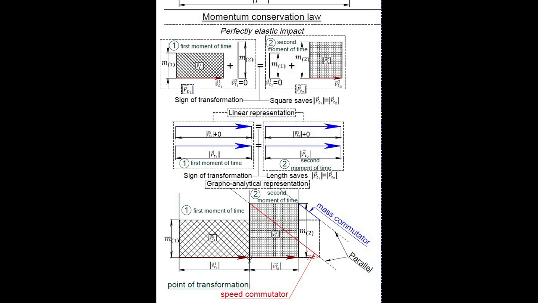Now I have a question: how to search for the transformation graphically? If I know that it happens in an infinitesimal moment of time, then the end of the moment of inertial mass m1 is the beginning of the momentum of inertial mass m2.